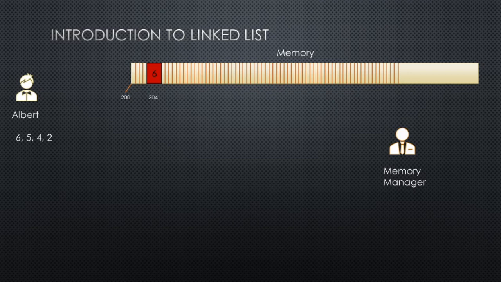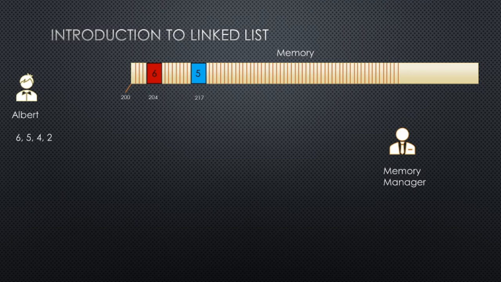Albert makes another request, a separate request for number 5. Let's say he gets this block at address 217 for number 5. Because he makes a separate request, he may or may not get memory adjacent to number 6. Higher probability is that he will not get an adjacent memory location. So similarly, Albert makes separate requests for 4 and 2.